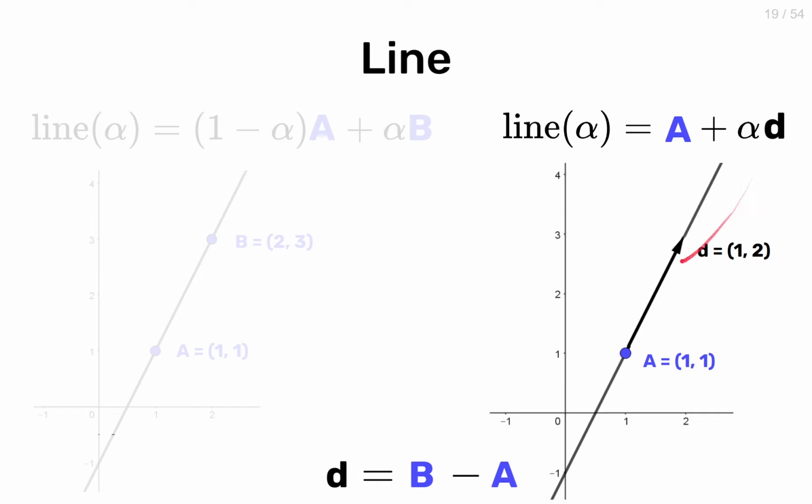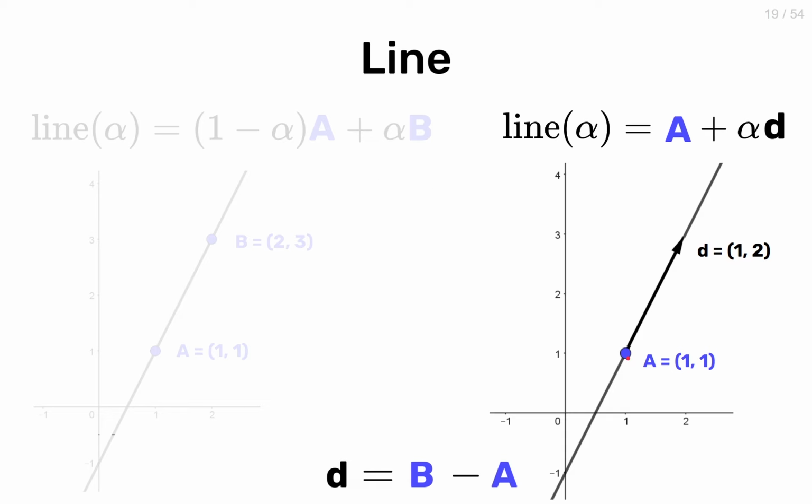And this D, well, this is actually just B minus A. So if you take 2 points and you want to know the vector between them, then you just subtract those 2 points and you get the vector between those 2 points. And if you would plug in B minus A over here instead of D, then you would get back the original equation that we had before.